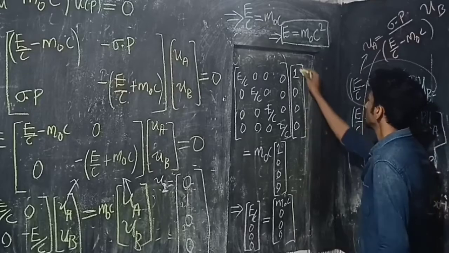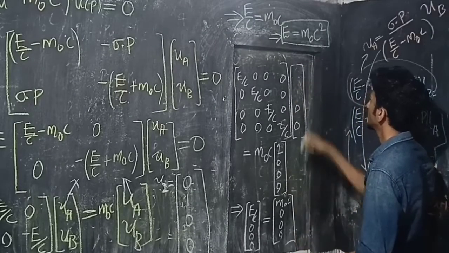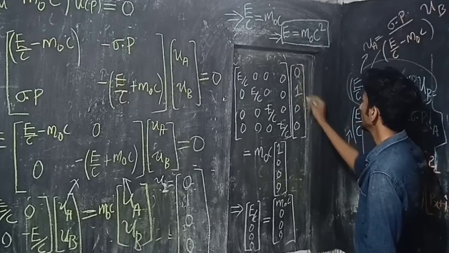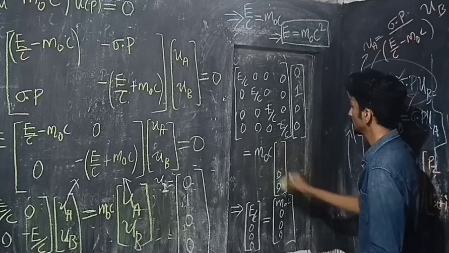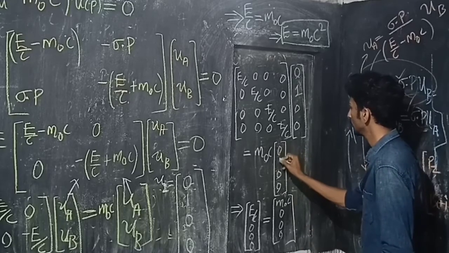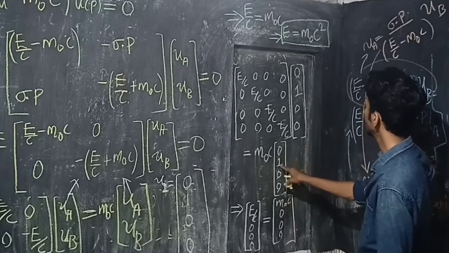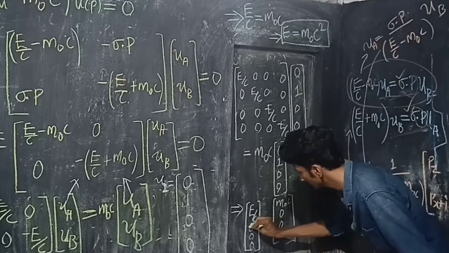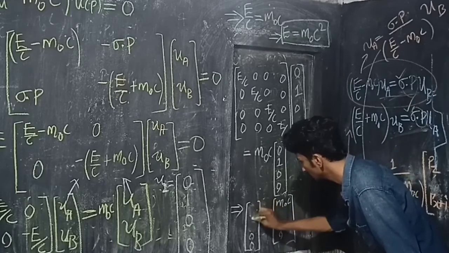If we substitute this U2 spinor here, that will give E by C and m naught C in this second element.